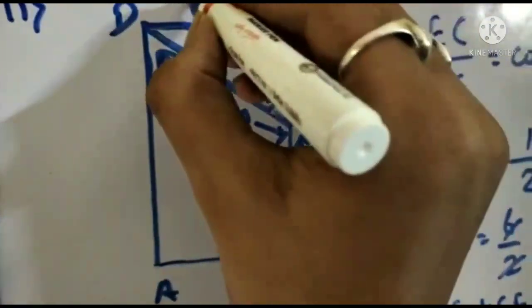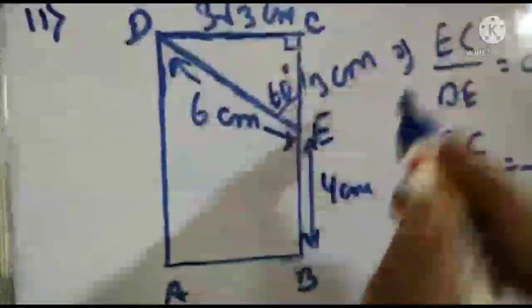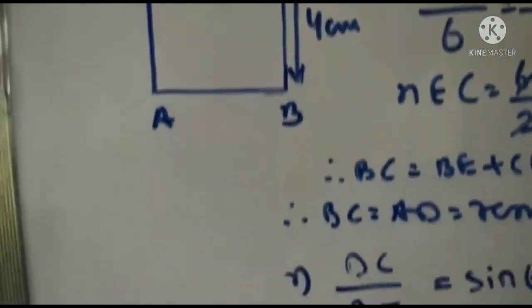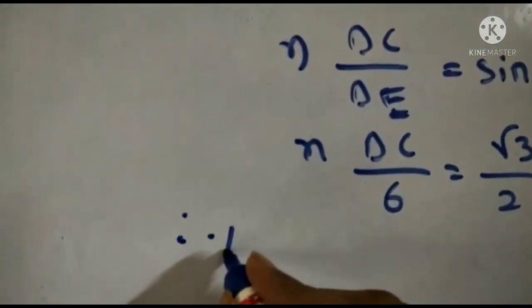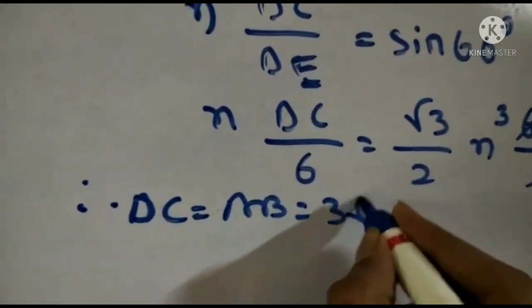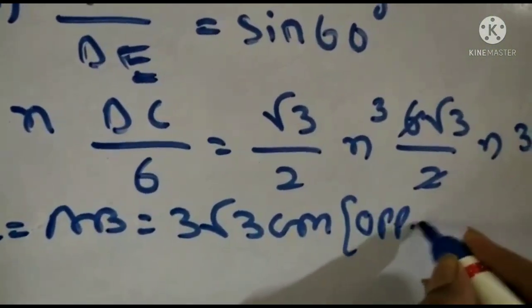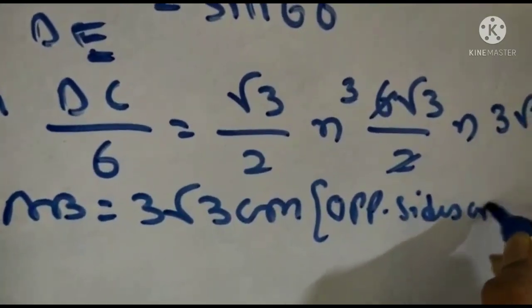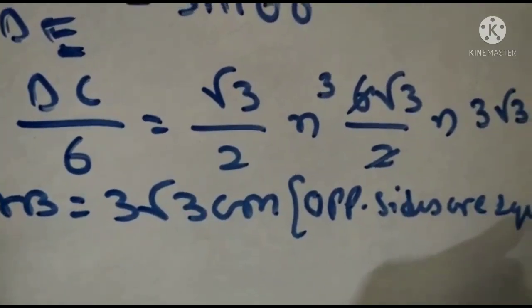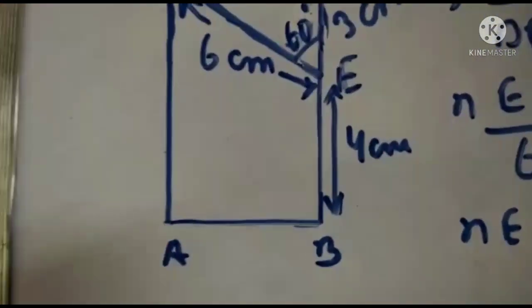Okay, so DC we have got 3 root 3 centimeter. Now if we find DC, then AB will also be 3 root 3 centimeter. Therefore DC is equals to AB is equals to 3 root 3 centimeter, opposite sides are equal. Now see, we have found everything.